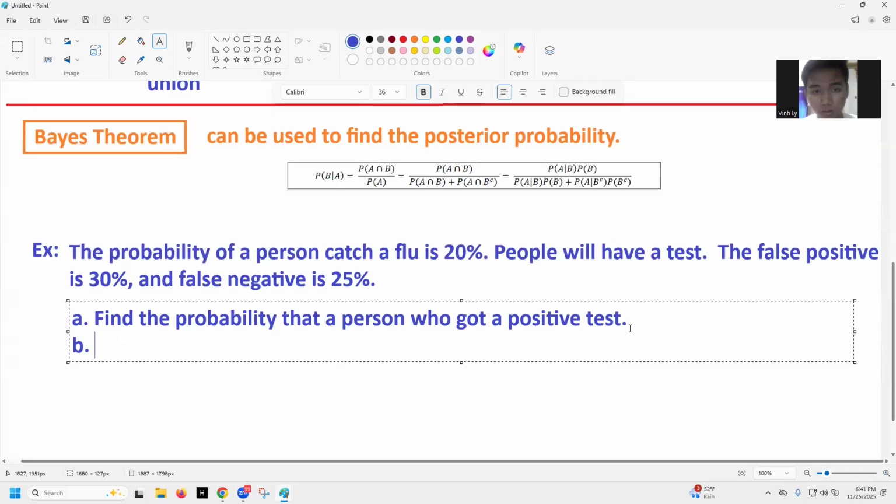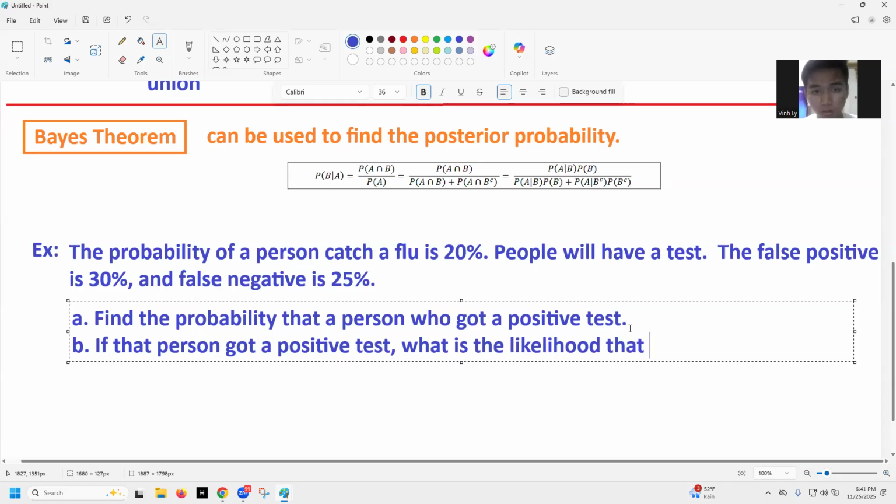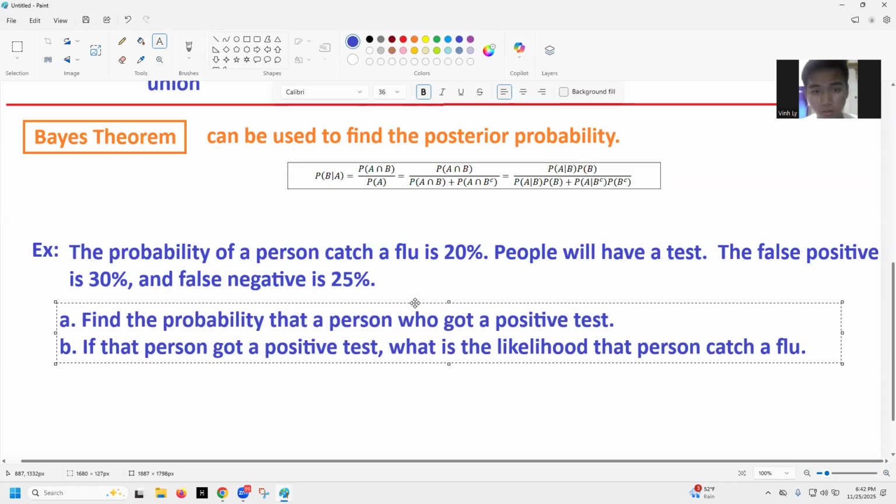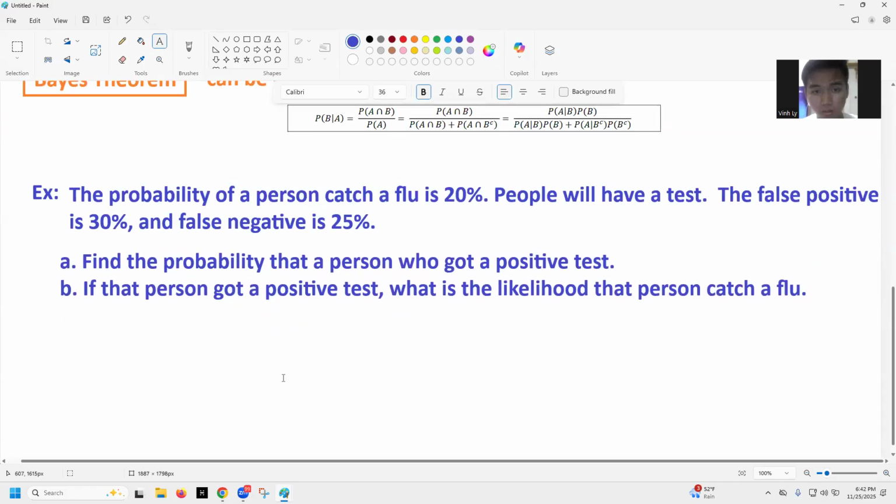So part B: given that the person got a positive test, what is the likelihood that the person caught the flu? Okay, so you're definitely going to see this question on a final exam.